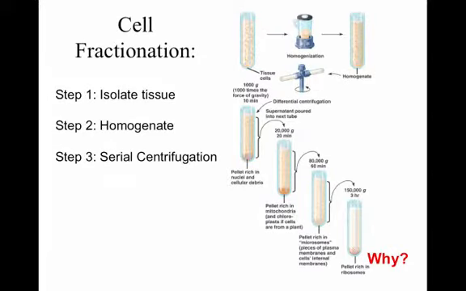And if a scientist would like to study a particular cell part, the best way to go about doing that is to, of course, isolate the tissue from the organism that the particular scientist would like to research, and then homogenate it, which would mean really breaking those cells, that tissue apart, and opening up all of the cells to release the cell contents.